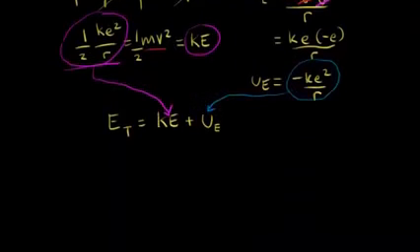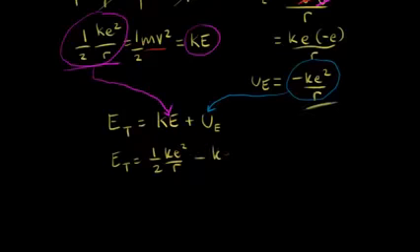So we'll get some more room. The total energy is equal to 1/2 Ke squared over R, our expression for the kinetic energy, plus a negative value, so we can just write minus Ke squared over R. If you think about the math, this is just like 1/2 minus 1, which gives you negative 1/2.